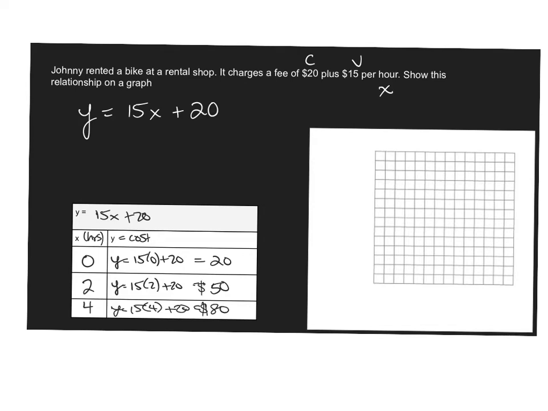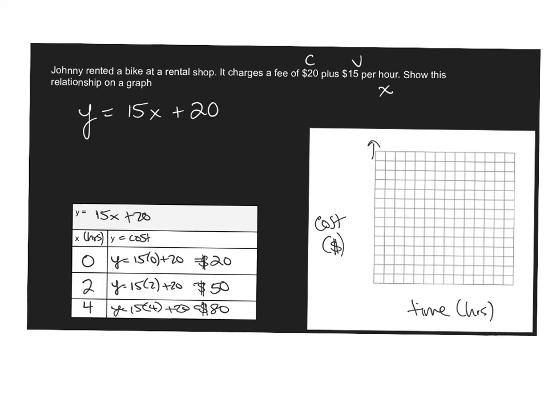Now that we have some values to plot, we can look over at the graph and figure out how we're going to do it. So again, time is your x-axis. This is the number of hours, and the cost in dollars goes on the y-axis. We need to pick some coordinates.